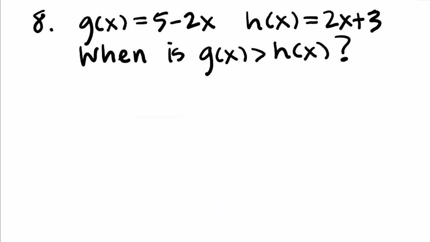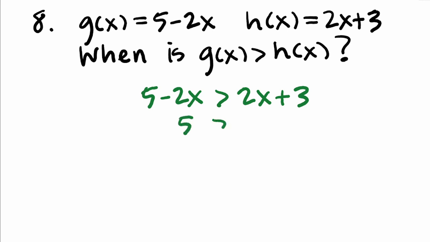All right, now we've got two functions, and we're interested in when is g of x greater than h of x. Okay, well, I've got a formula for g of x, that's 5 minus 2x, and that needs to be bigger than the formula for h of x, which is going to be 2x plus 3. And I'm going to start by, I guess, adding 2x to both sides.